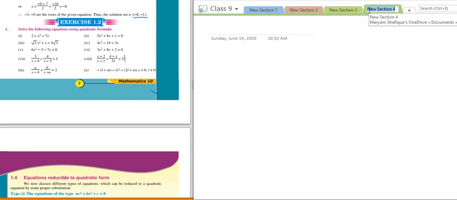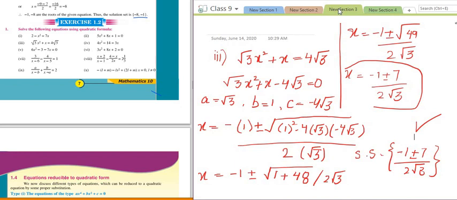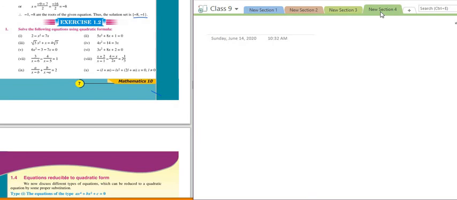Okay, part 4. You can also solve this further. Okay, I am going to further simplify it. You can also simplify it more.